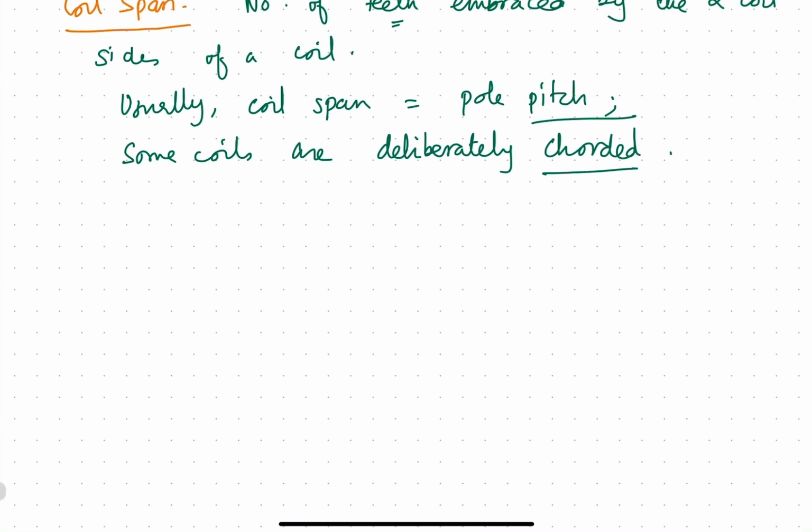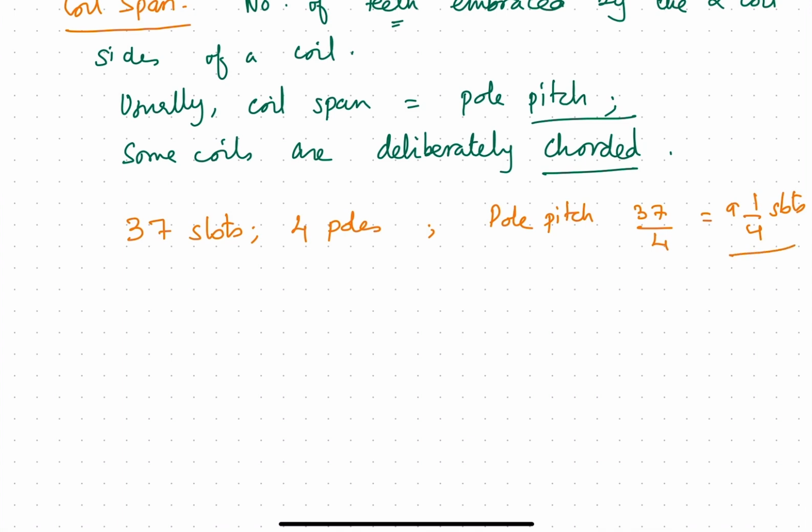if you have, let's say, 37 slots and you have 4 poles, the pole pitch is going to be how much? Pole pitch is going to be 37 by 4, that is 9 and 1/4 slots, right? So this is not an integral number.